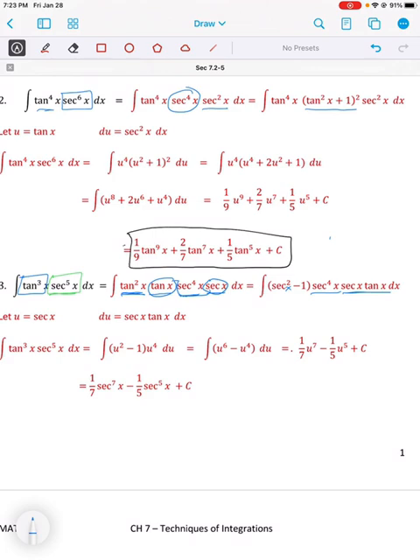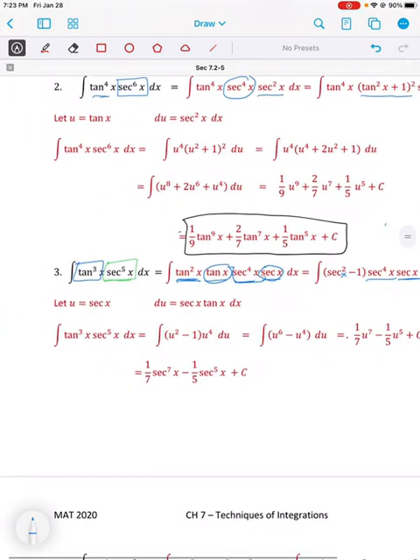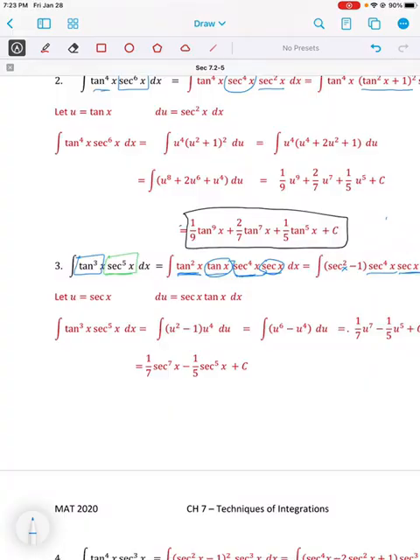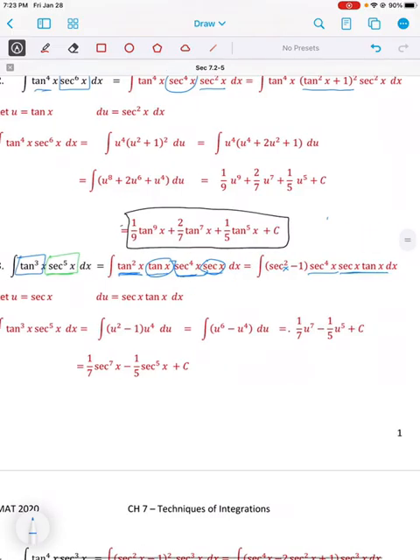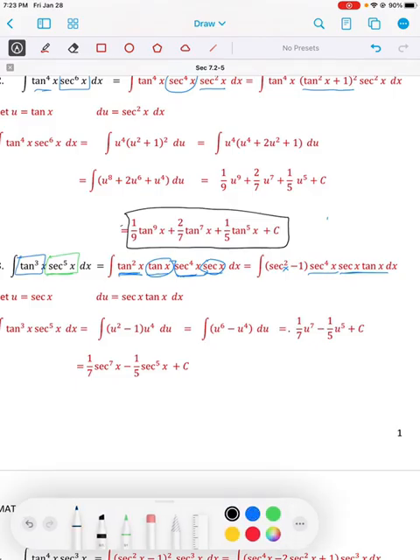And with the same idea, if it was tangent to the 4x, you would write it as secant square x minus 1 whole squared. Now this time the substitution will be u equals secant x. So du is secant x tangent x times dx, and then just go back, plug in everything, and then we have powers of secant this time, and then the final answer.